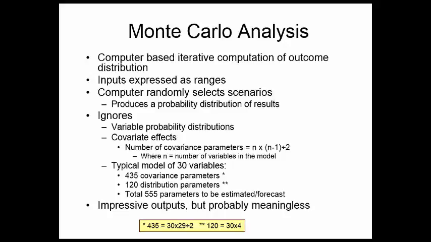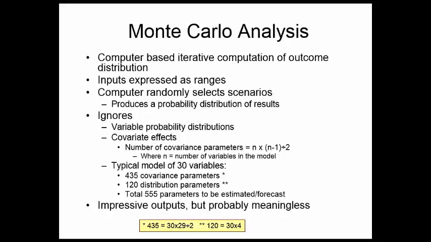Monte Carlo analysis is quite popular in some quarters, but it's very, very important to be aware of its downsides. The principal disadvantage with Monte Carlo analysis comes from the fact that each one of the scenarios is randomly generated by the computer. And this means that it's highly likely that many of the random sets of values for the parameters are highly unrealistic.